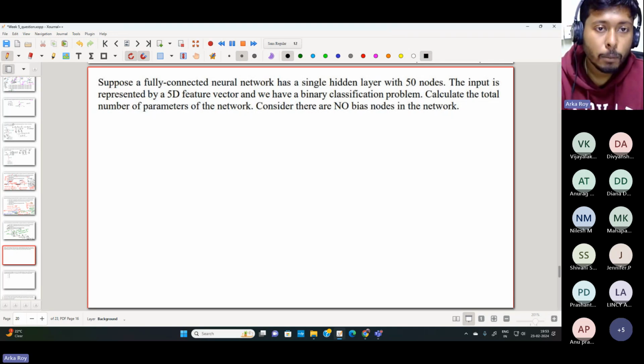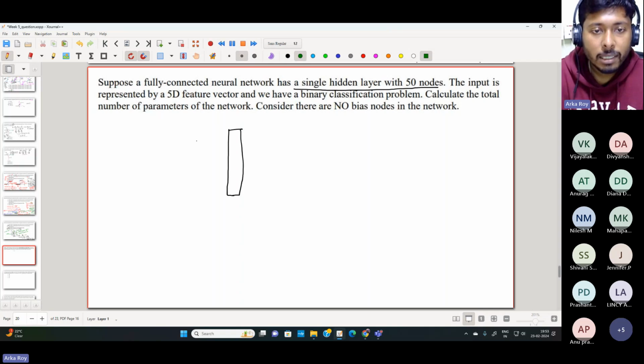So next question is, suppose you have a fully connected neural network that has a single hidden layer with 50 nodes. Whenever this kind of problem comes, I will suggest to first visualize the situation. So in a neural network, what are the types of layers you can expect?